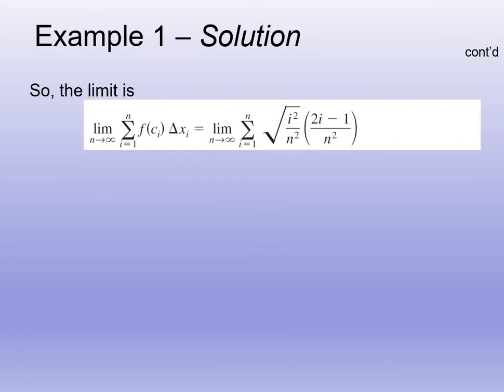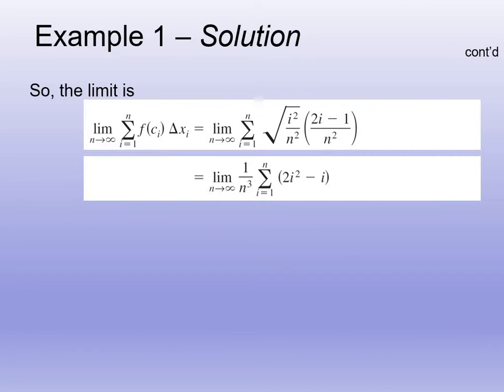Now, for us to move forward, alright, we've got to do some simplification through here. So, in order to do this, it's convenient that the square root has i squared and n squared. So, the square root of a square, remember, is just the stuff under the square root. So, the square root of i squared over n squared becomes just i over n.